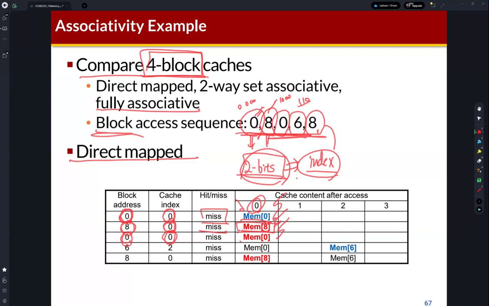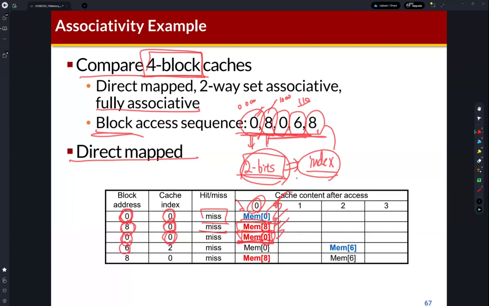So this is a miss because the tag was mismatched, because it was already evicted. And then memory 8 will also be evicted, because we need to allocate the memory 0 in the target cache set.